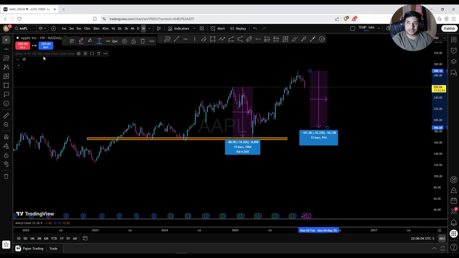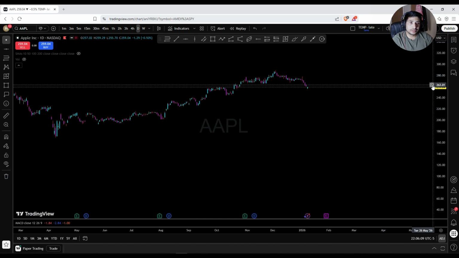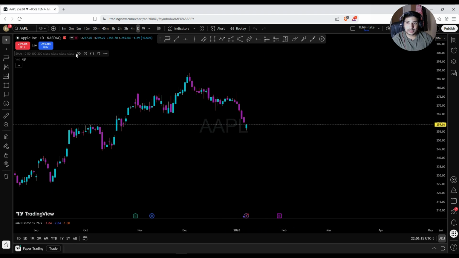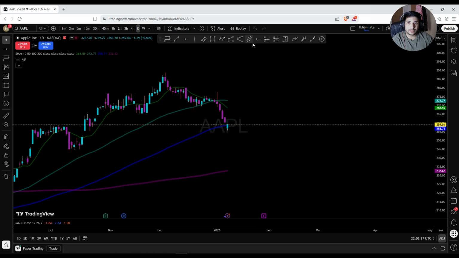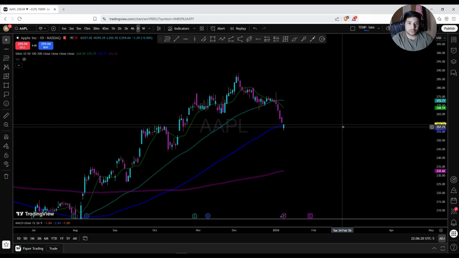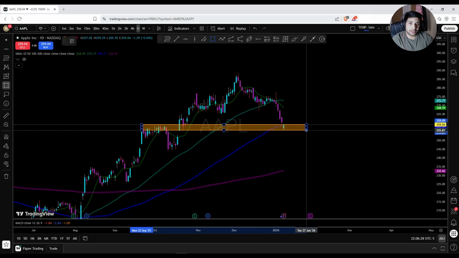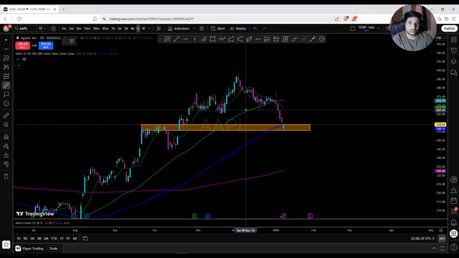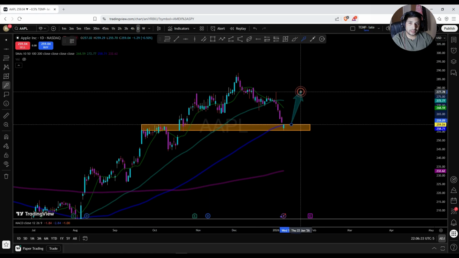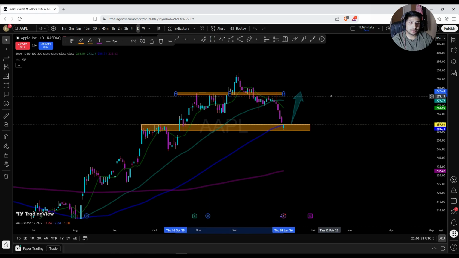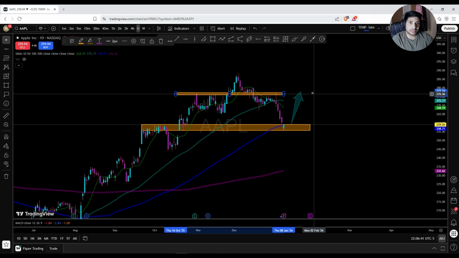So let's see the final thing on this one, which is basically I'm just going to clean up everything, go to daily, and see what happened on today's chart. If we just open the SMA, we can see the support point in the 255 to 260 range we just discussed earlier. So there is a small position you can take around here, and then in my understanding it will go up to this point, because you can see all the resistance lines are here, in the 275 to 276 range.